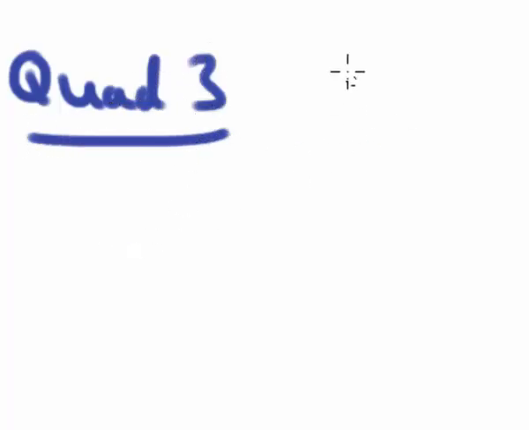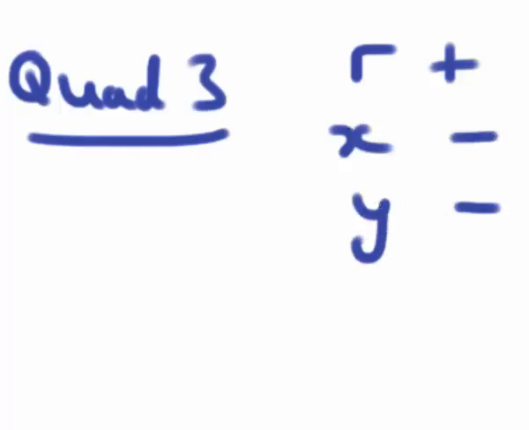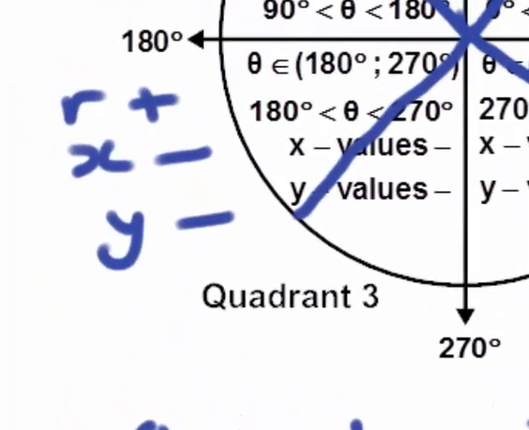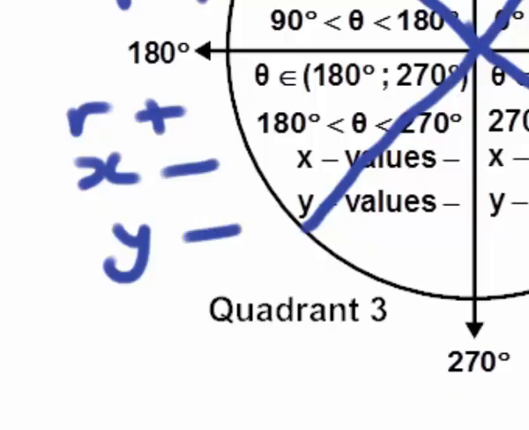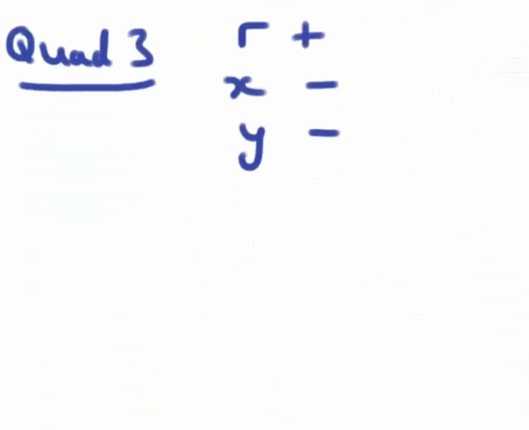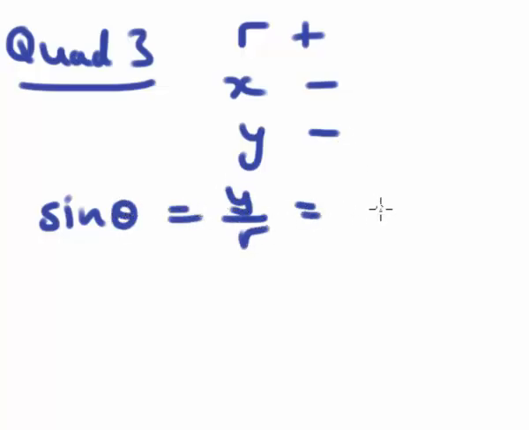And what do you notice? In quadrant 3, the r is positive, both the x and the y are negative. If you go and have a look at that. Alright, now let's do the trig ratios quickly. The sine of theta is y over r, which is going to be y negative over the radius, which is positive, which is negative.